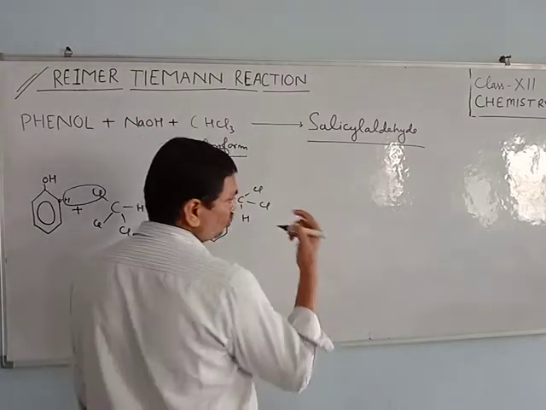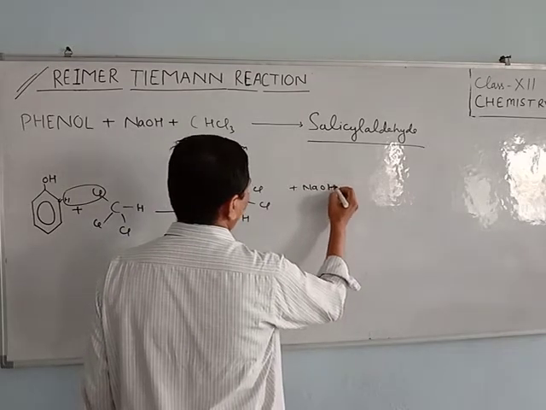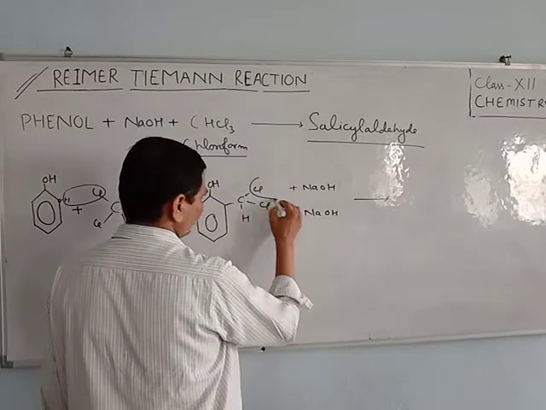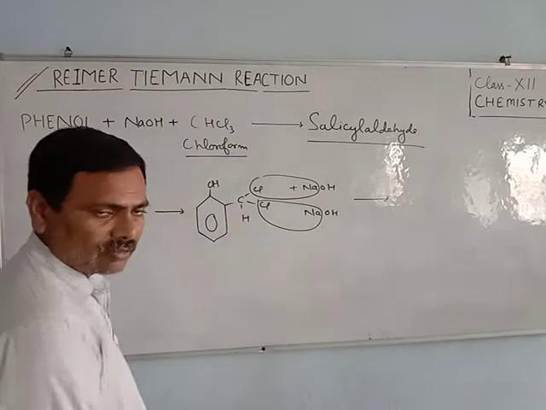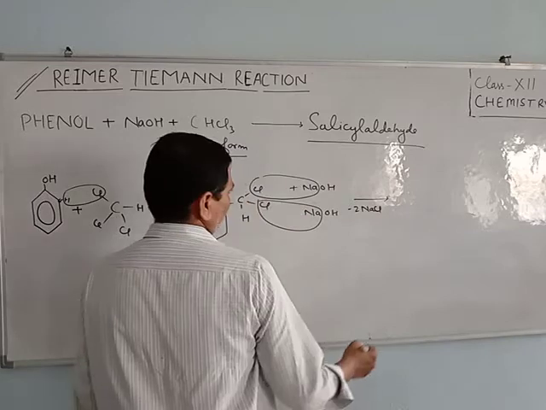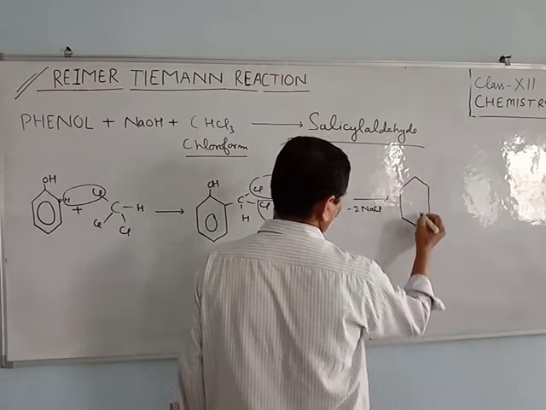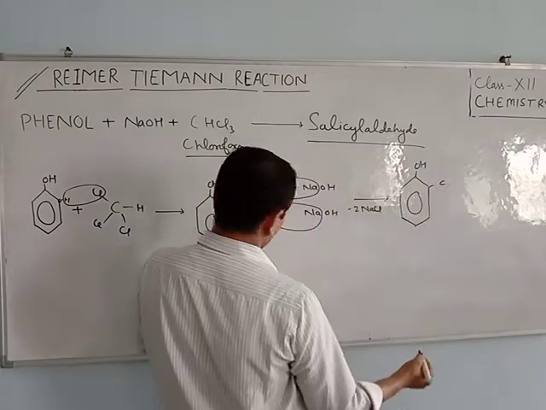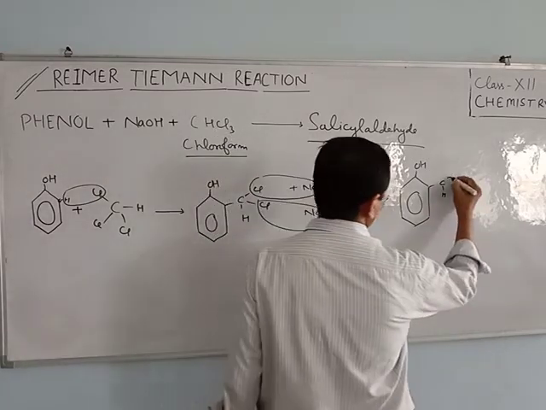Now it reacts with two molecules of sodium hydroxide, NaOH, NaOH. What will happen? 2 NaCl will be removed. Now in place of Cl, OH will be bonded.